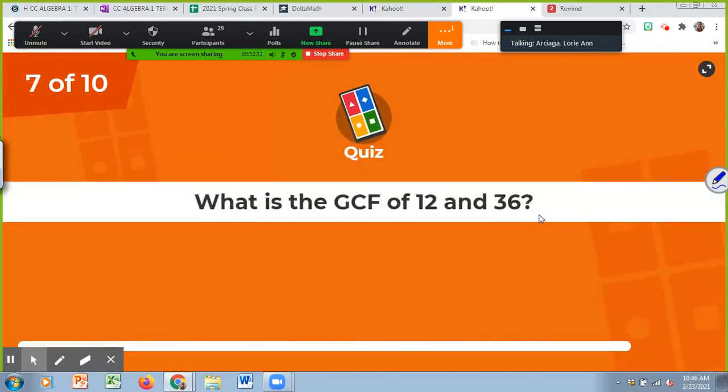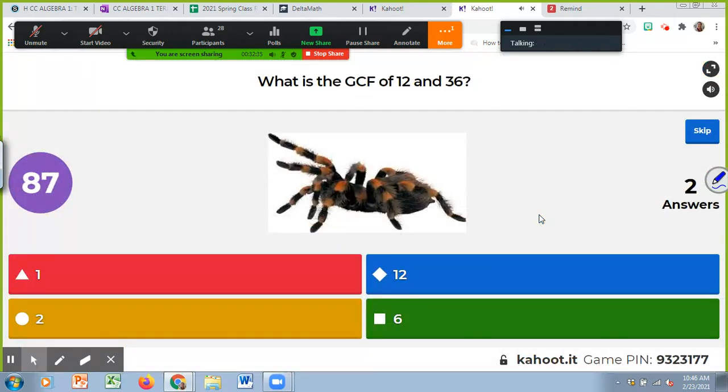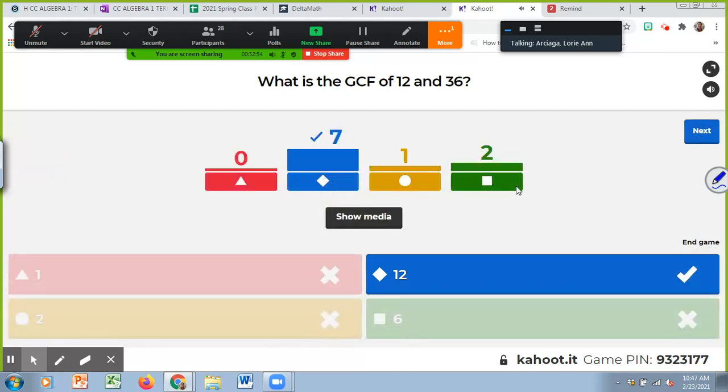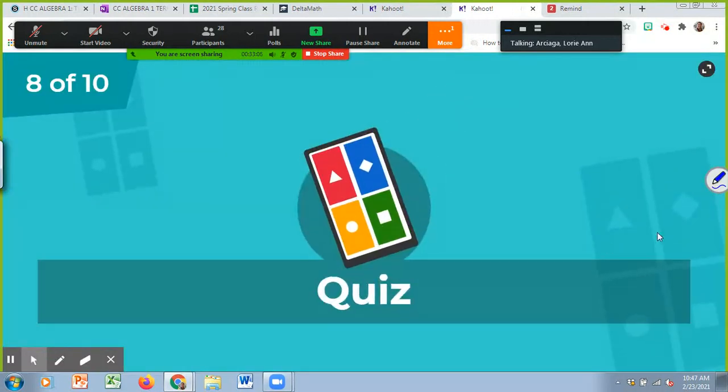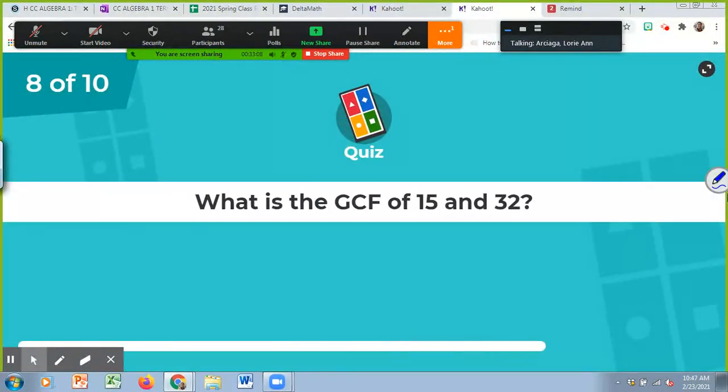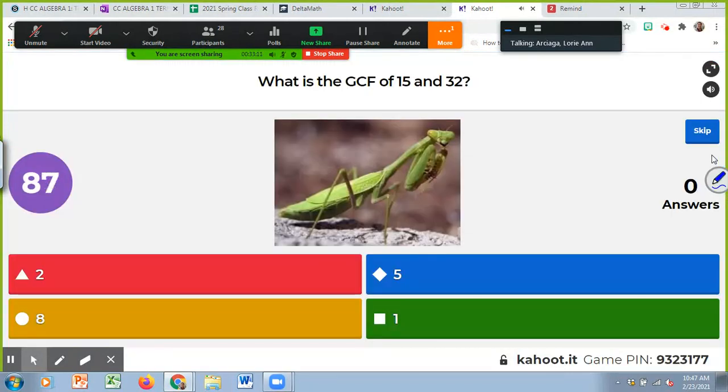12 and 36. That's a scary one. 5, 4, 3. Okay, skip. 12. Yeah, because 12 times 3 is 36, right? And still leading, Glad Emu. Last two. Still the podium, you guys.